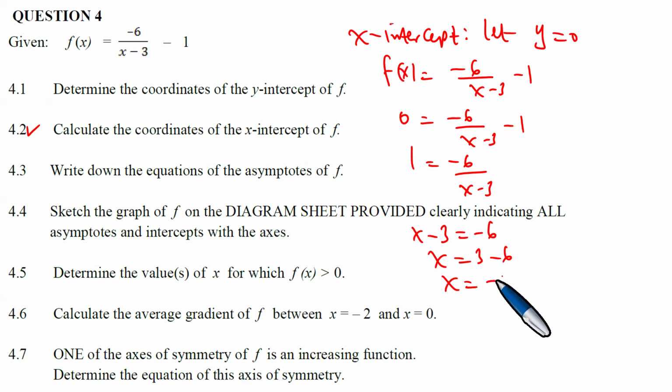What is 3 minus 6? x is minus 3. So the coordinates are x is minus 3 and y is 0. These become the coordinates of the x-intercept of f.